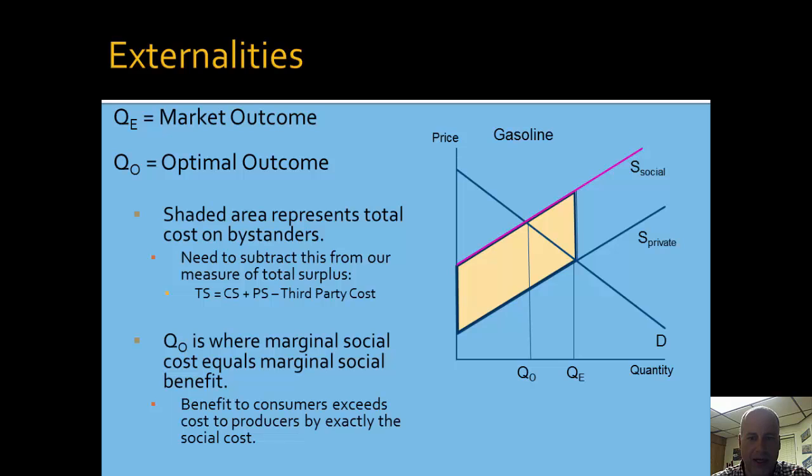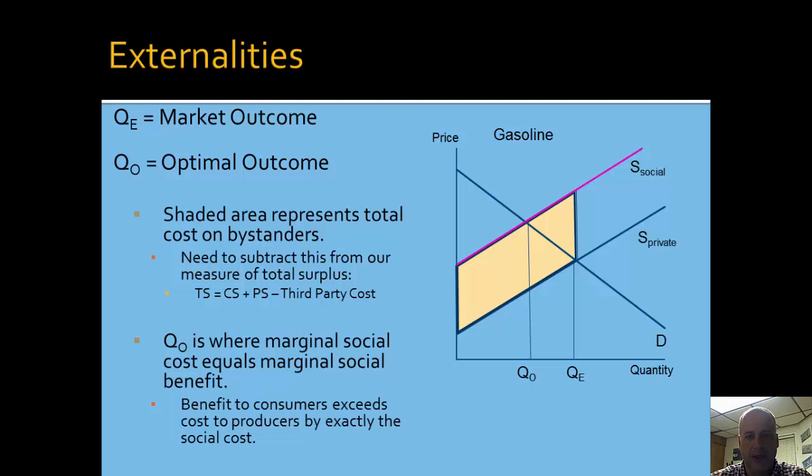And so total surplus is much, much smaller in the presence of an externality than it is in a market without an externality. That shaded area needs to be subtracted away. Note that Q0 is where marginal social cost equals marginal social benefit. The benefit to consumers at that point exceeds the cost to producers by exactly the social cost of production.